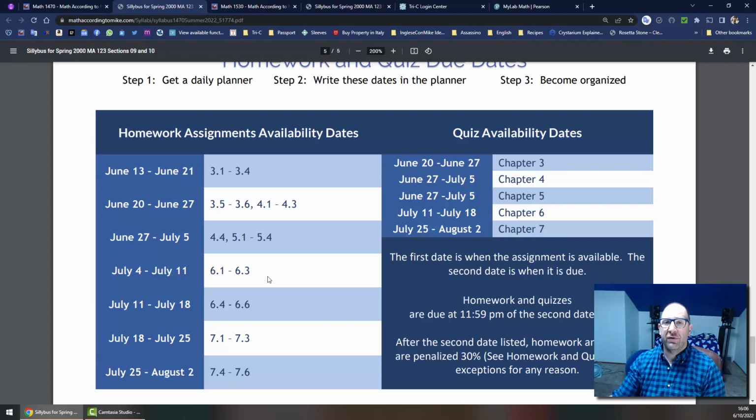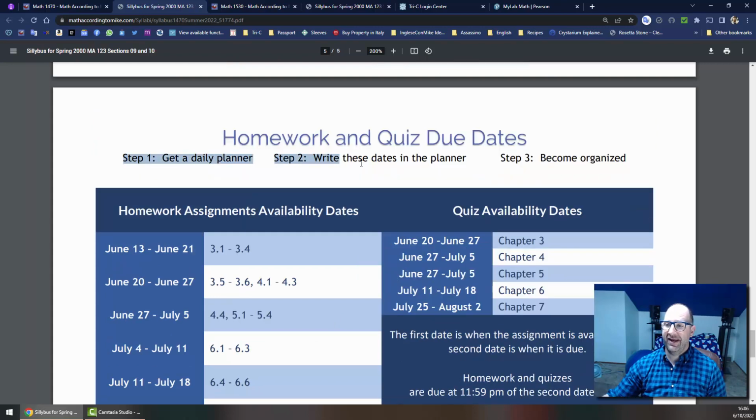And everyone's midterm is July 6th. You're going to have homework due for stuff that's not on that midterm. And you might also have a quiz due a couple days prior. So just be aware of the balancing act.